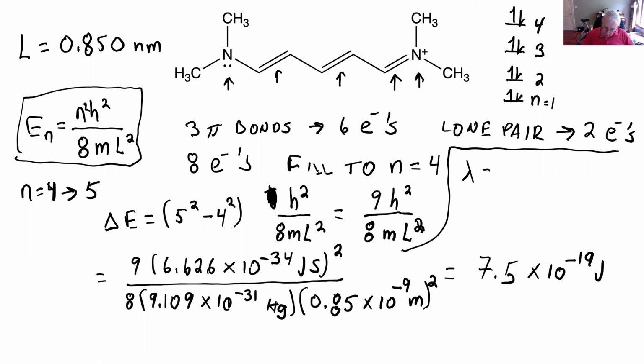Lambda is going to be equal to hc over delta E. If I put in h, Planck's constant, and c, the speed of light, and put in the numbers, since I'm running out of room to write this, I would get 2.65 times 10 to the minus 7 in meters, which I could normally write as 265 nanometers.